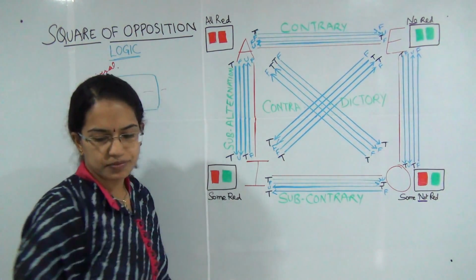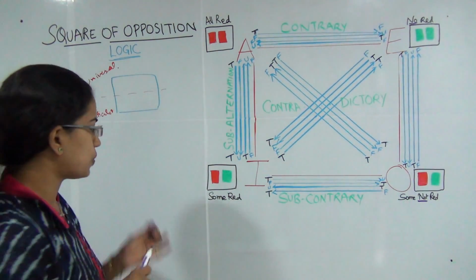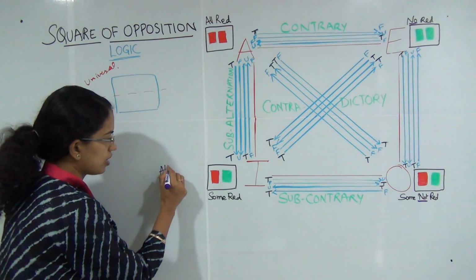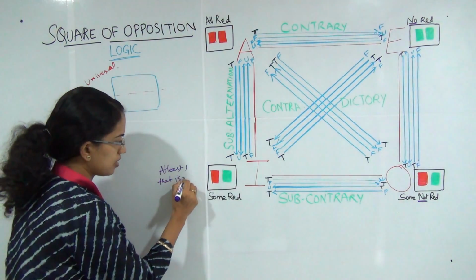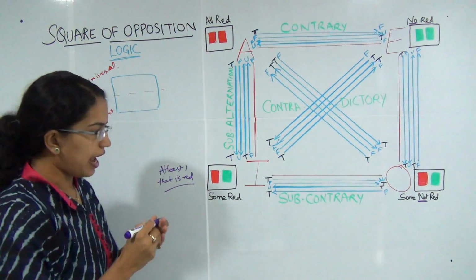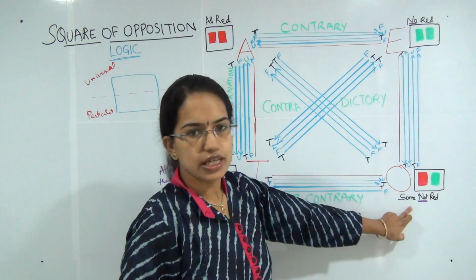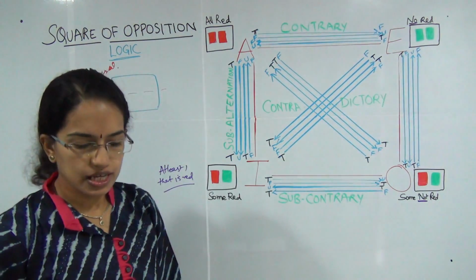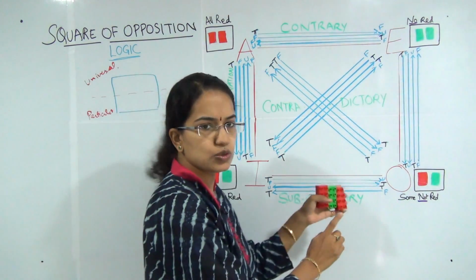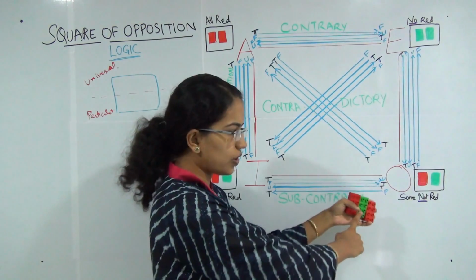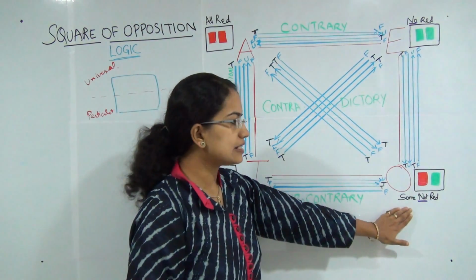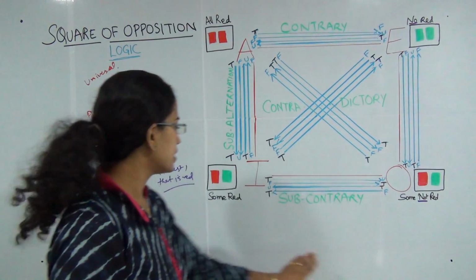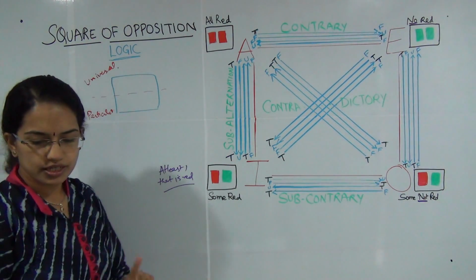Some blocks are red means you have at least one block that is red. Okay, and when I say some blocks are not red, that means I should have at least one block that is not red and that is green in color. Okay, so here at least one should not be red, here at least one should be red.